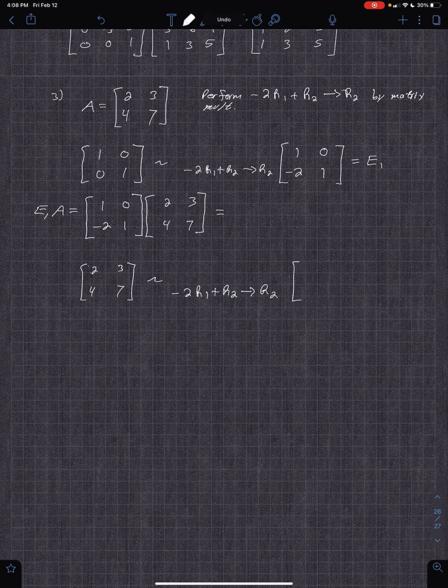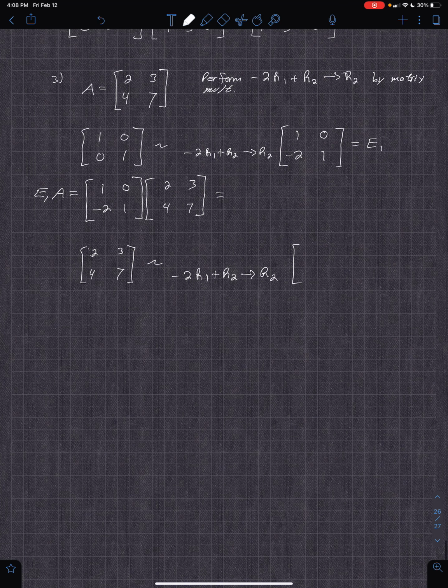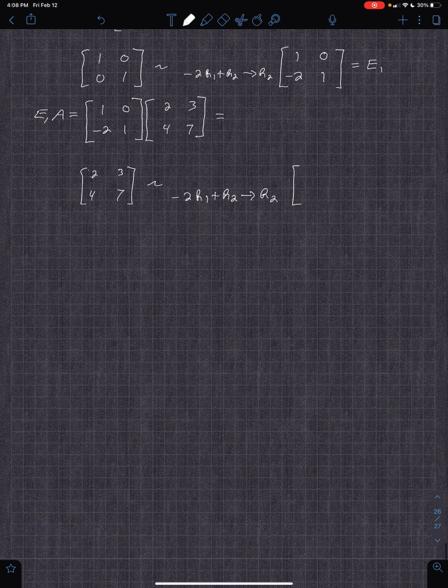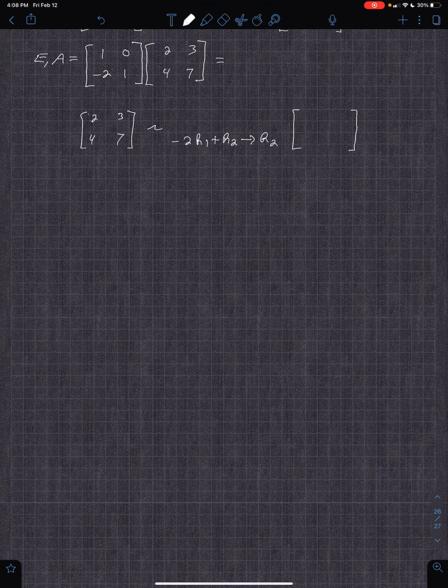So we're not touching, whoa. Sorry about that. It's my palm at the bottom of the screen messes things up. So we're not touching row 1, and so negative 2 row 1 gives us 4, and then you add it to row 2 gives us 0. Sorry, I'm trying to point here.